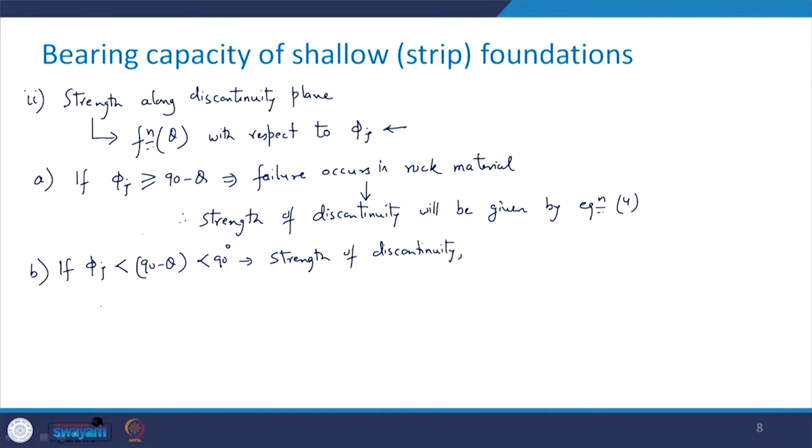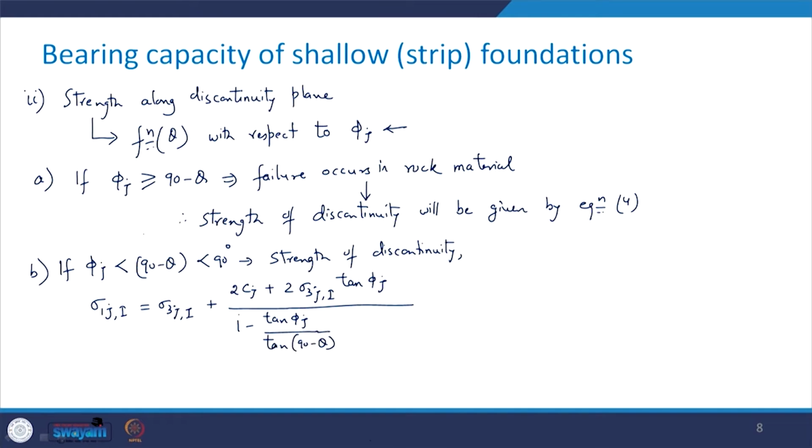will be given by sigma 1j in zone 1 will be equal to sigma 3j of zone 1 plus 2cj plus 2 sigma 3j1 tan phi j divided by 1 minus tan phi j divided by tan 90 minus theta, multiplied by sine of 2 into 90 minus theta.